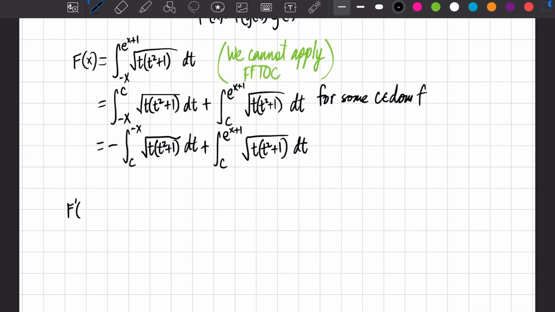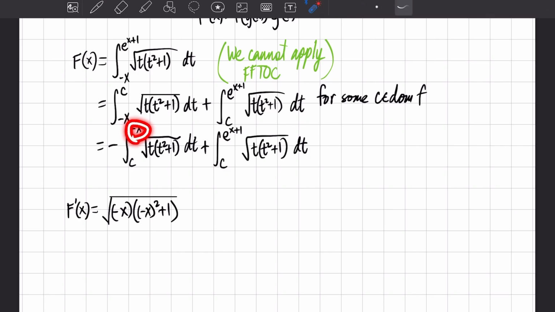So now, we can apply the first fundamental theorem of calculus to our integral here. F prime of x would be equal to, what we will do is plug this one inside. So you have the square root of negative x multiplied by negative x raised to 2 plus 1 times the derivative of this one. So the derivative of this one is -1. Oops, I forgot the negative sign here since we have a negative sign right here.